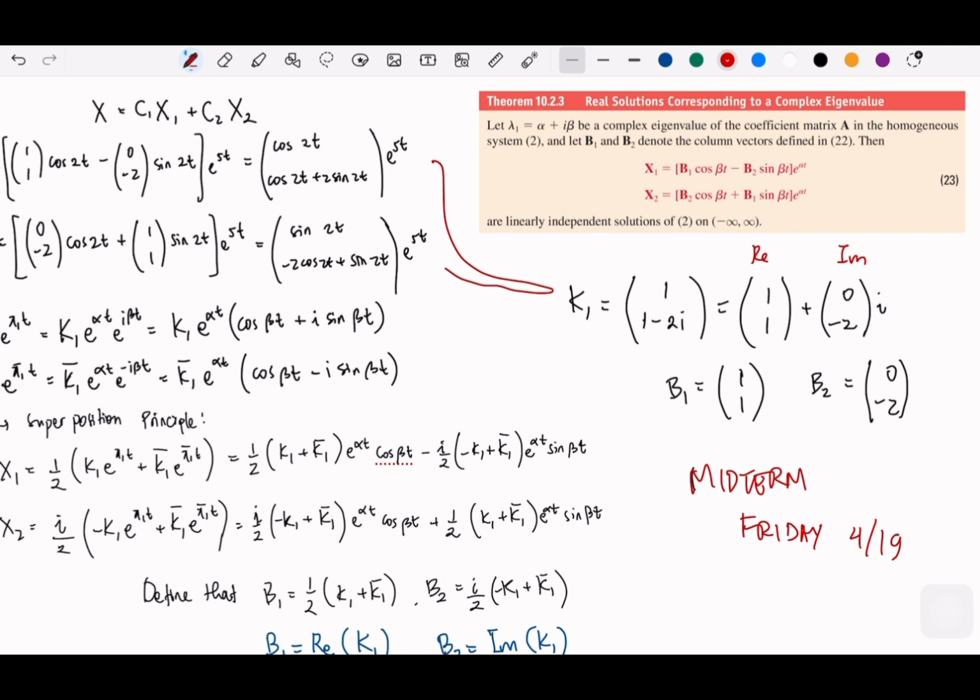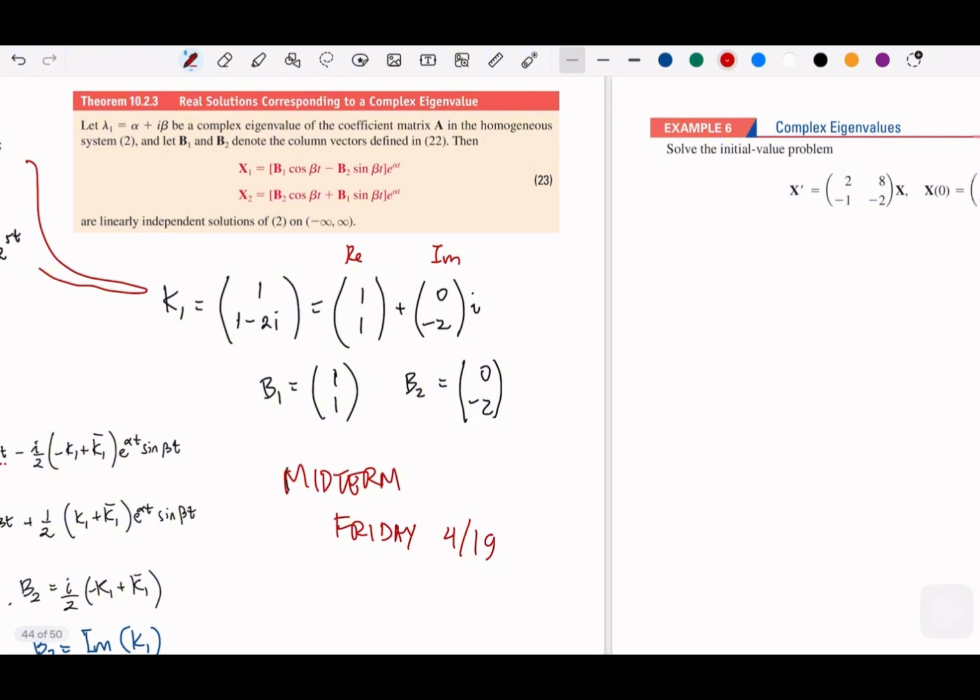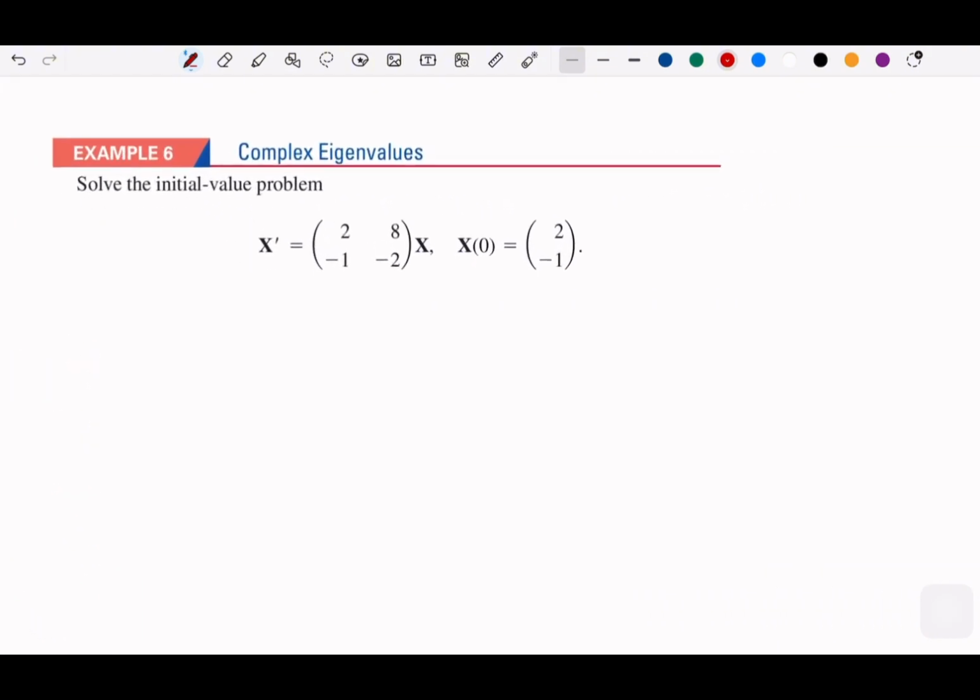Okay, so now let me give you another example on this complex eigenvalue, and if we finish the eigenvalue, then let me go through the introduction of diagonalization. Let's start with one example on complex eigenvalues. Suppose we have this system, and we have the boundary value. Since this is a two by two matrix, it should be okay with you.